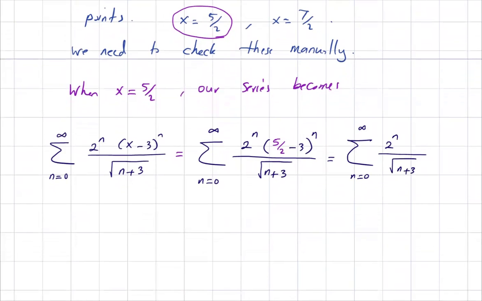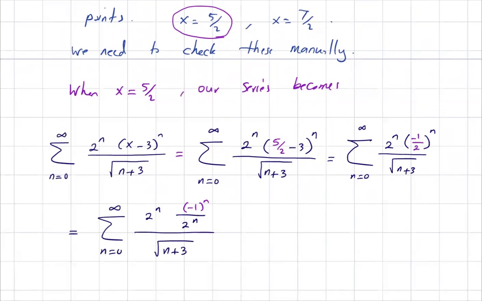So you get (-1/2) to power n, right? -1 divided by 2 to power n, which can be written as the summation of 2 to the n, (-1) to the n, divided by 2 to the n, everything divided by square root of n plus 3, and start from 0 goes to infinity.